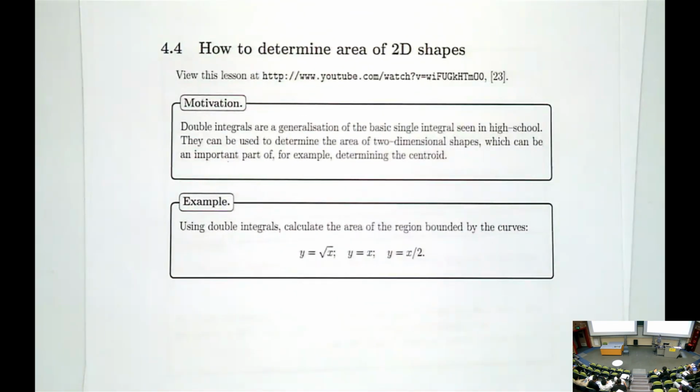All right, so we've already talked a little bit about integrals and area. This is another kind of question that you might have actually seen at high school, and we're going to look at it through the lens of double integrals or integrals in higher dimensions. So let me just draw a little picture.